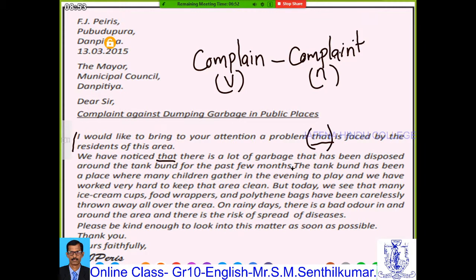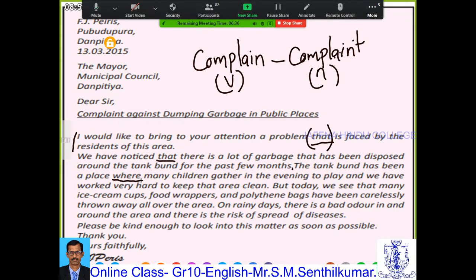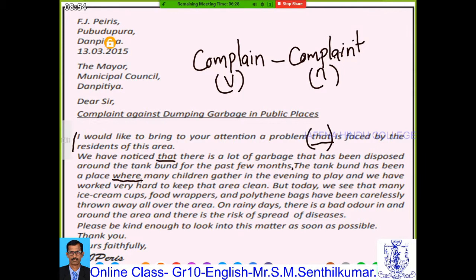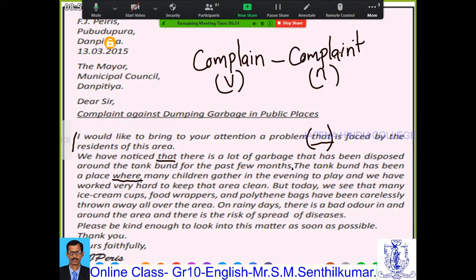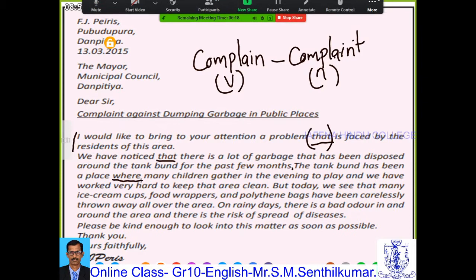The tank bund has been a place where many children gather in the evening to play, and we have worked very hard to keep that area clean. Here that is not a conjunction, it is a relative pronoun.